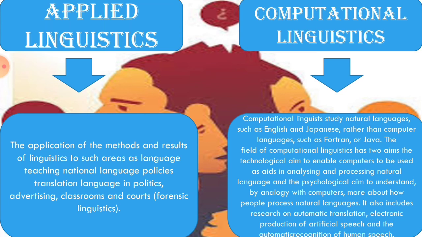The technological aim, to enable computers to be used as aids in analyzing and processing natural language, and the psychological aim, to understand, by analogy with computers, more about how people process natural language. It also includes research on automatic translation, electronic production, or artificial speech.